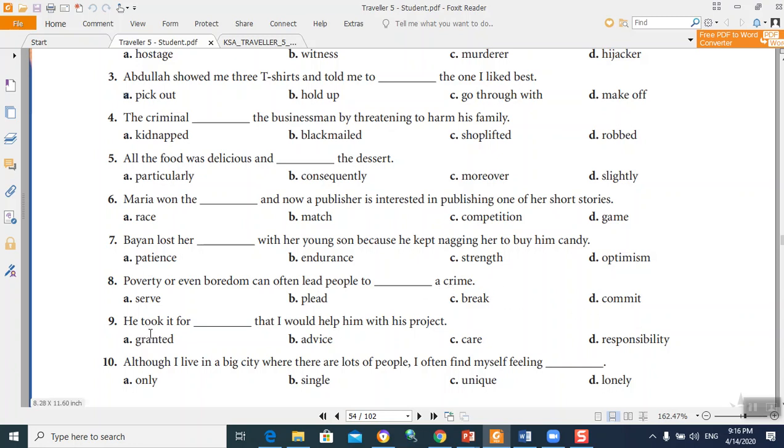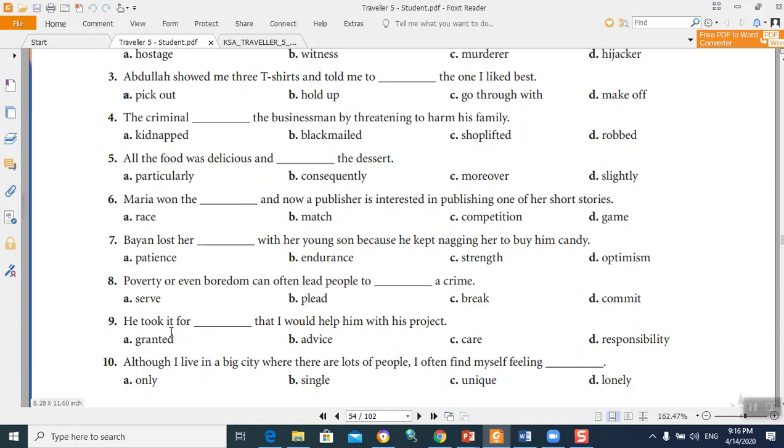Number 9. He took it for granted that I would help him with his project.